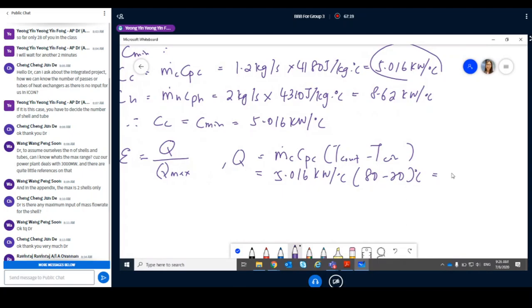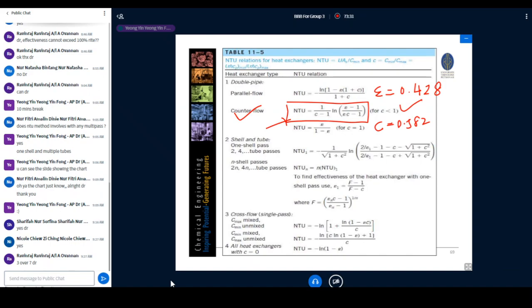Anyone? NTU value, students? Yes, 0.651. Easy substitution, easy calculations. Okay, the answer for the NTU value is 0.651.